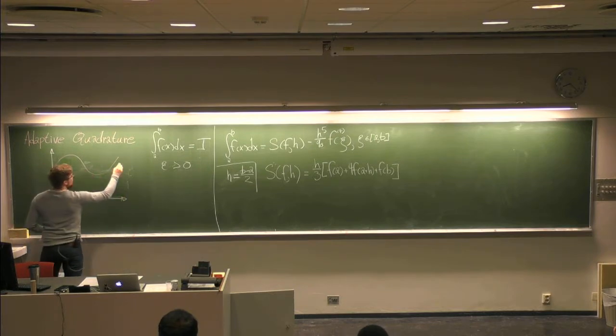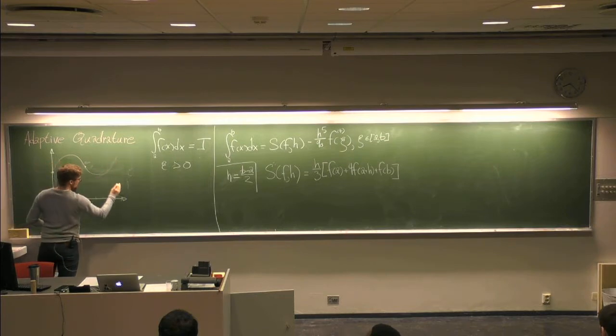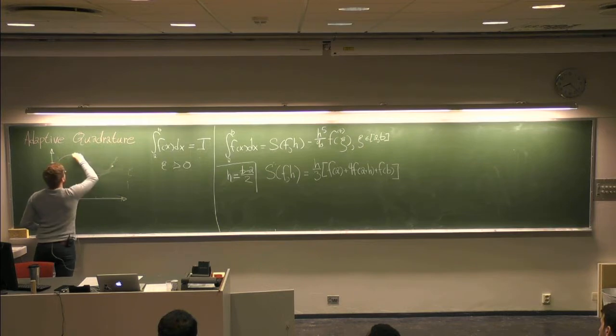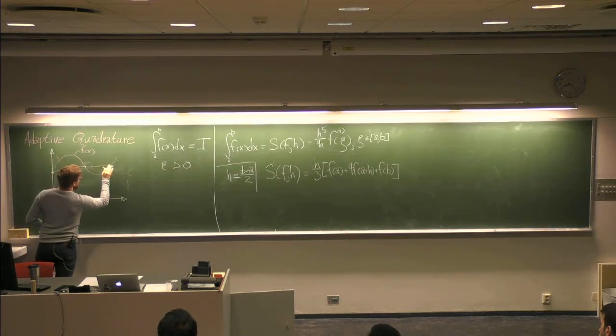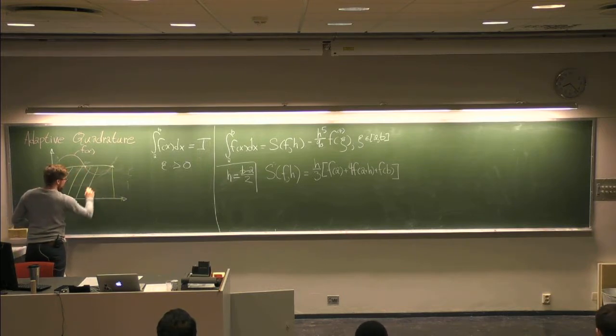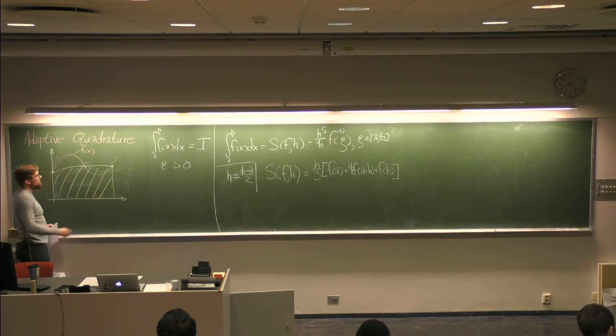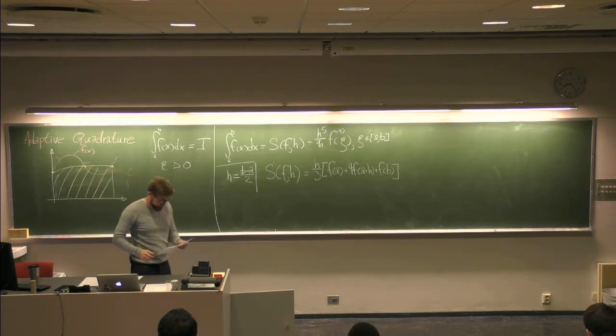So our first approximation will be something like this. This is our function f now, and the first Simpson will be something like this. That's our first approximation, and you see we're kind of missing, but if we're lucky it's going to cancel out. But that's not the point here. This could be an arbitrary function.